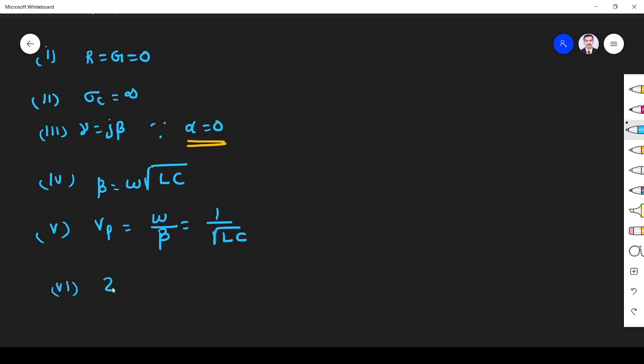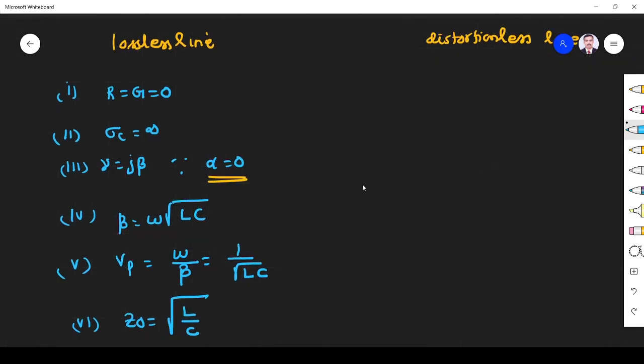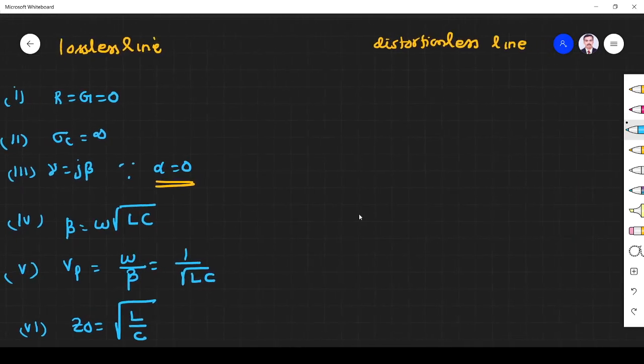Similarly, the characteristic impedance Z0 is equal to root of L by C. Right? So these are all the characteristics of a lossless line. A line with these characteristics is called a lossless line.